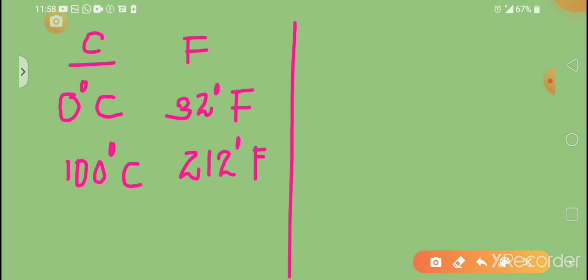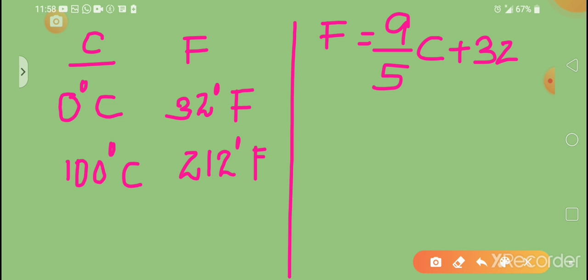Okay, so 1 degree on Celsius scale is equal to 9 by 5 degree on Fahrenheit scale. So one relationship is there that we can write like this: F is equal to 9 by 5 C plus 32. So we can rearrange it.